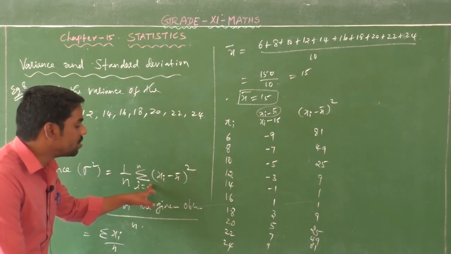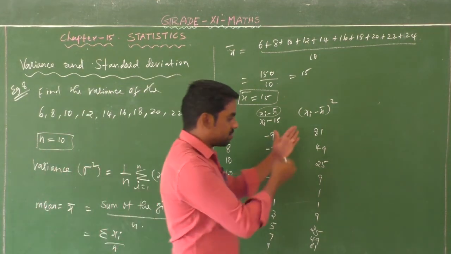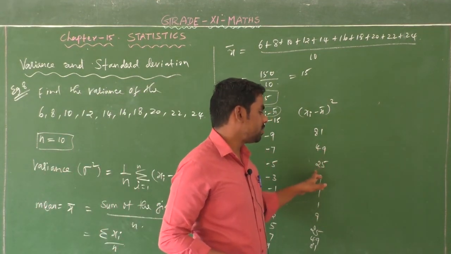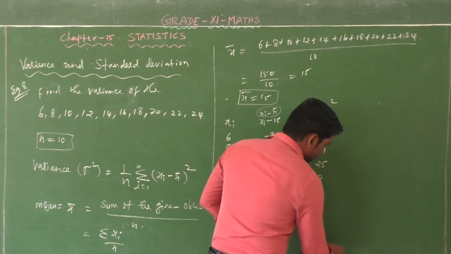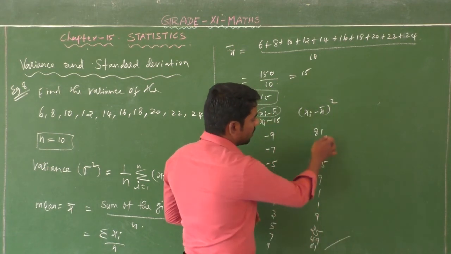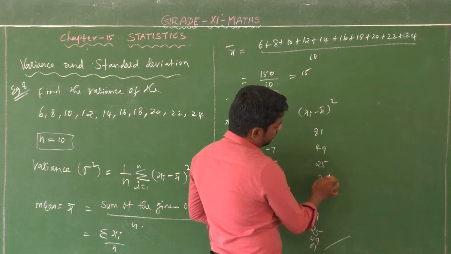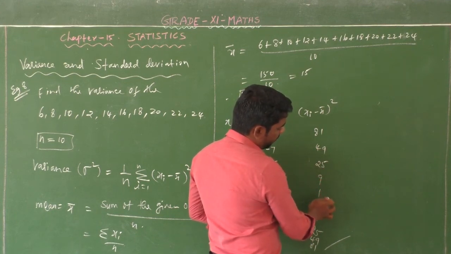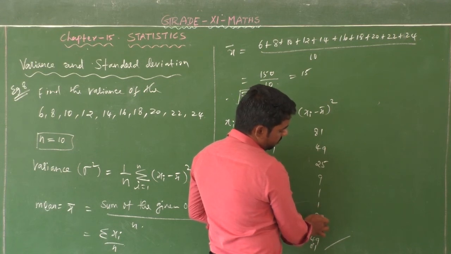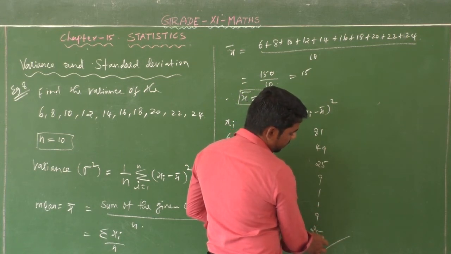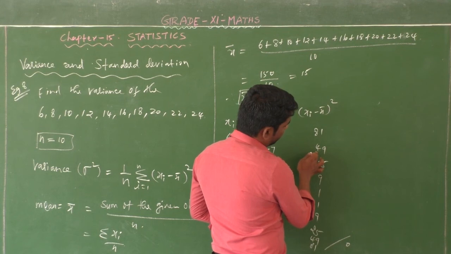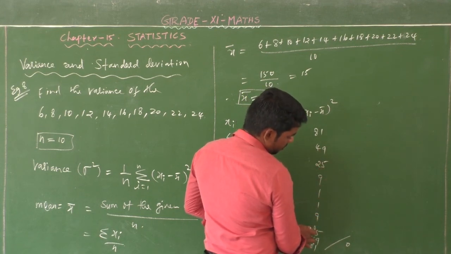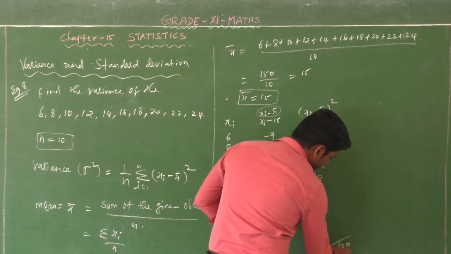We need the answer, the summation of xi minus x bar the whole square. So the sum of these values 81, 49, 25, 9, 1, 1, 9, 25, 49, 81 comes to 330.